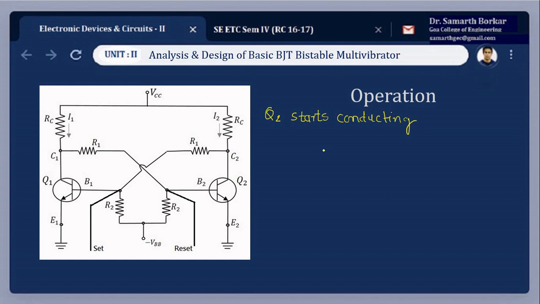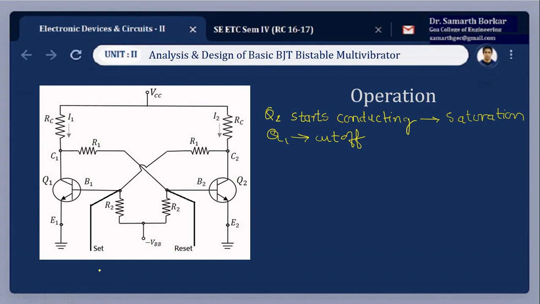Finally, this cumulative process drives the transistor Q2 to saturation, and transistor Q1 to cutoff. This is a stable state of the multivibrator. The circuit remains in this state till an external trigger pulse is applied at the set or reset terminal.